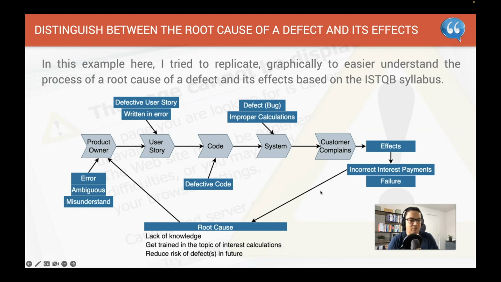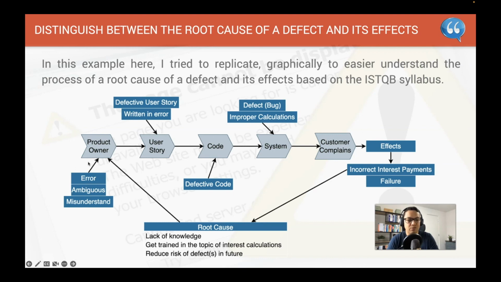As part of the completion report, after everything's complete, in lessons learned, everybody gets together and discusses: what was the root cause of it? Then you go back to the beginning and look for any lack of knowledge. Do they need to be trained in the topic of interest calculation? Were the interviews and workshops not appropriate?